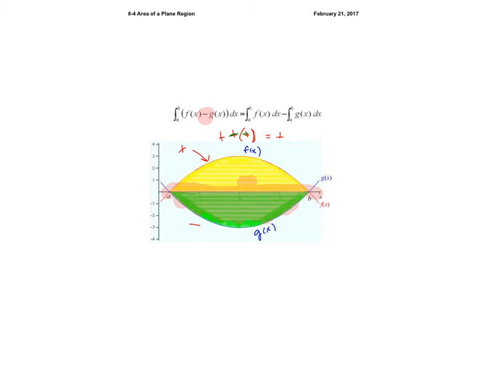Your integral for this part is going to be positive because it's above the x-axis. This integral will give you negative because it's underneath the x-axis. But because you're looking for area, it's beneficial for us to make this positive, which is why there's a negative right there.